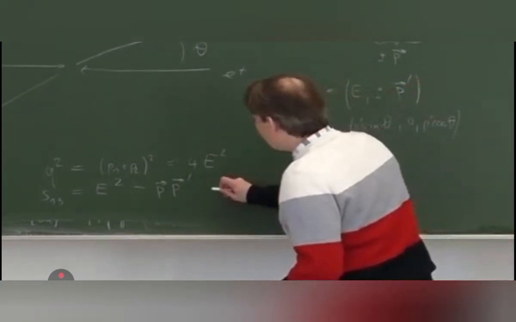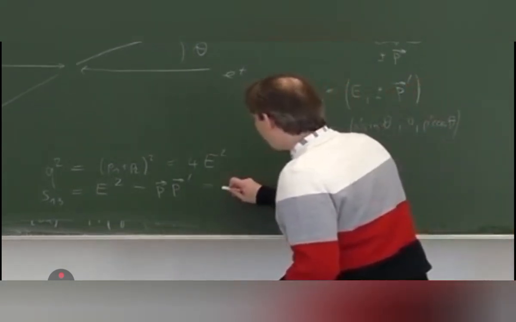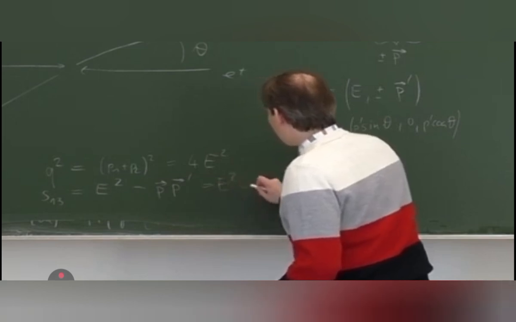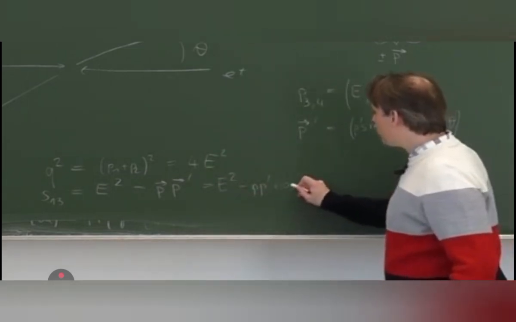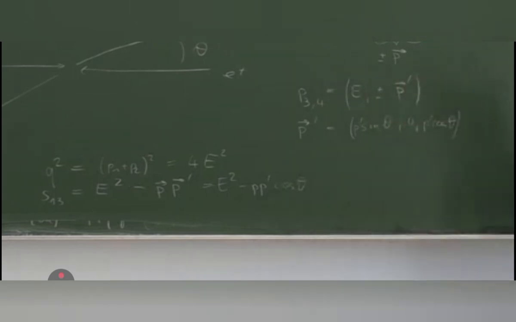But we could also write it explicitly, E square minus P times P prime without vector times cosine theta. That is the scalar product of those 2 vectors here.